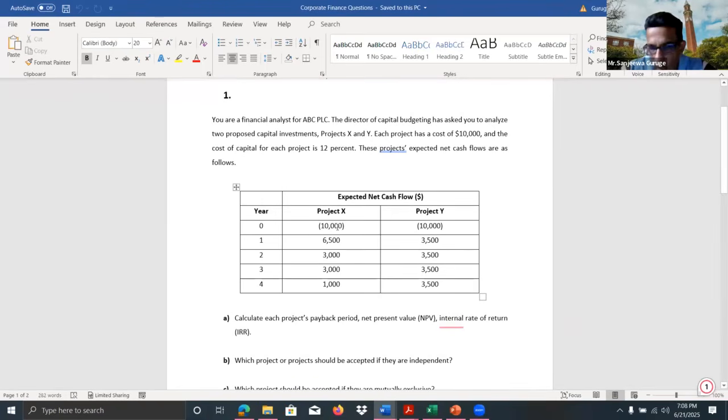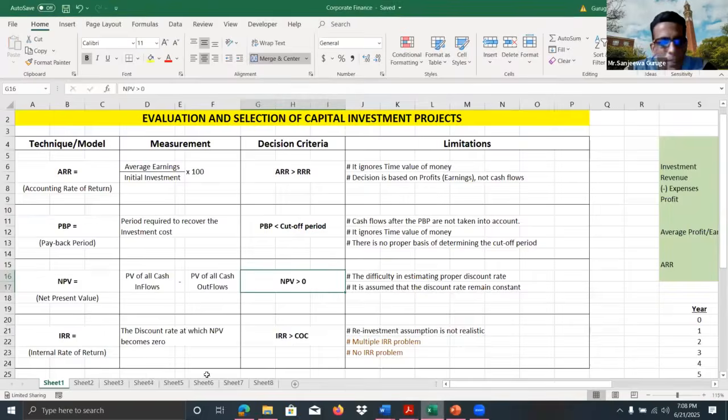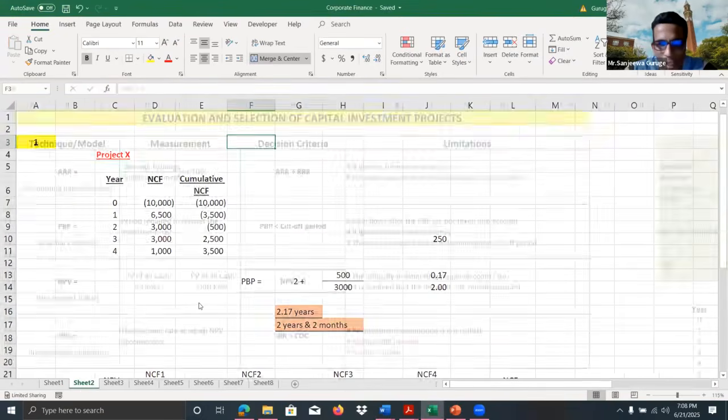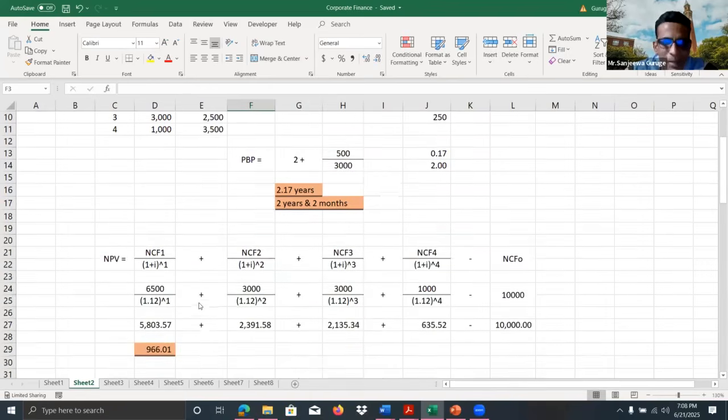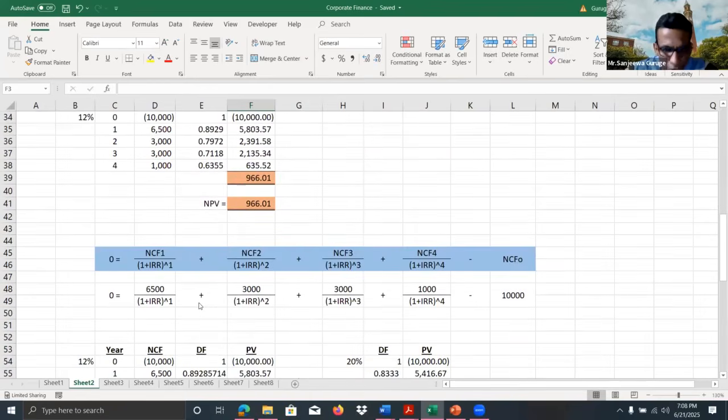And if we get the cash flows of two projects like this, I will not spend time on the basic calculations, because you all know very well how to calculate payback, NPV and IRR using different methods.